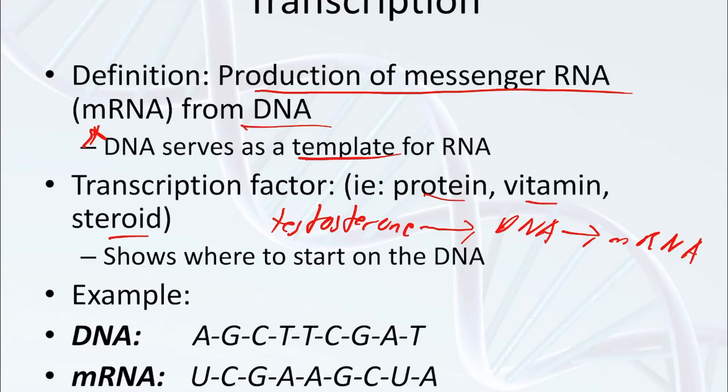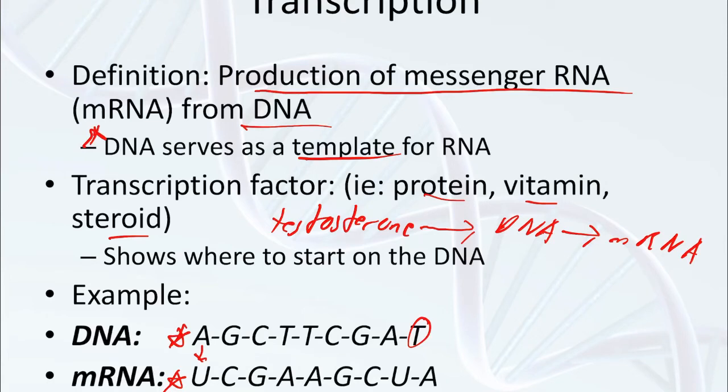Okay, and so the example in using this DNA as a template to make this messenger RNA, right? We take the complementary bases of the DNA in the form of RNA, and we bind them here, right? So A is going to go with U, and so the one difference here is that T does not exist in messenger RNA, or in RNA, all right?